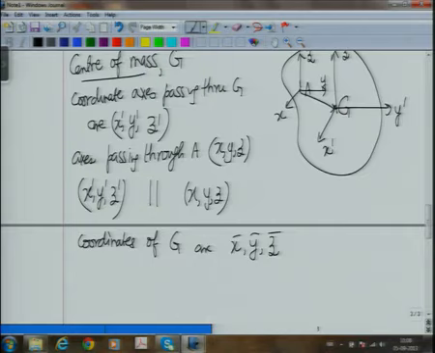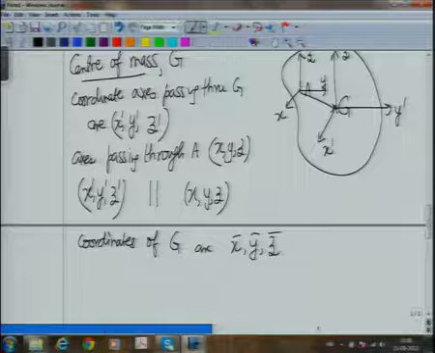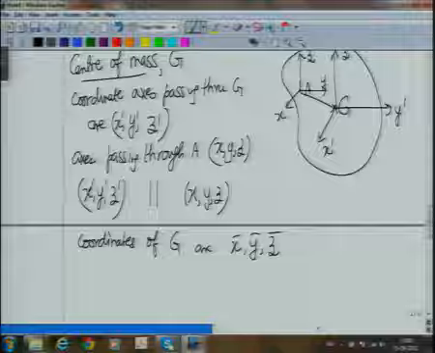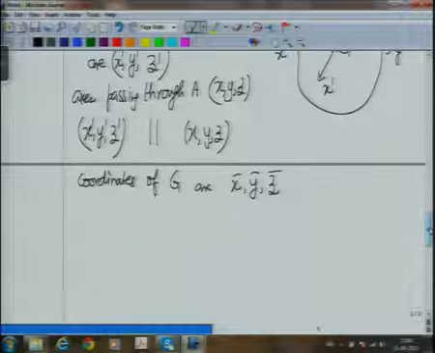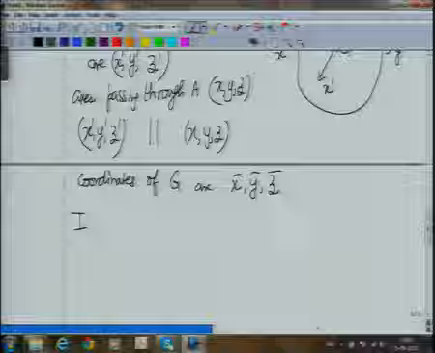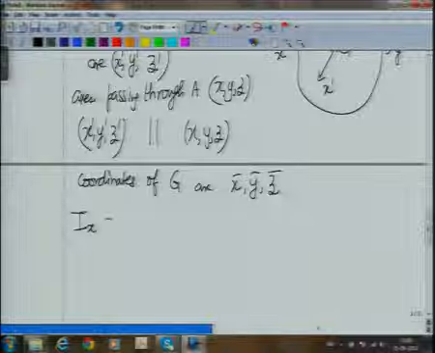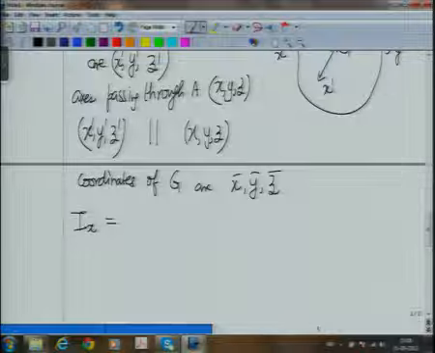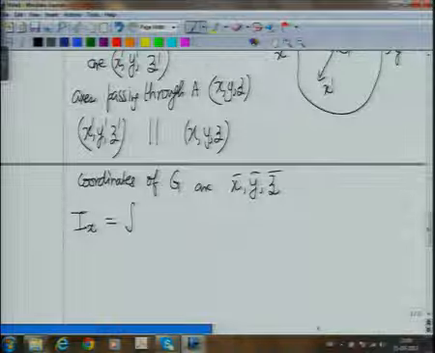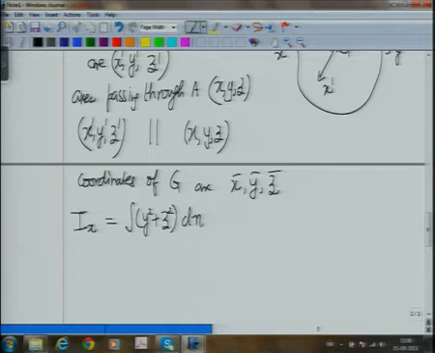Now what we want to find out is the relation between, let us say, Ix with the axis at A and the axis at G. Ix will be defined as integral of y square plus z square dm.